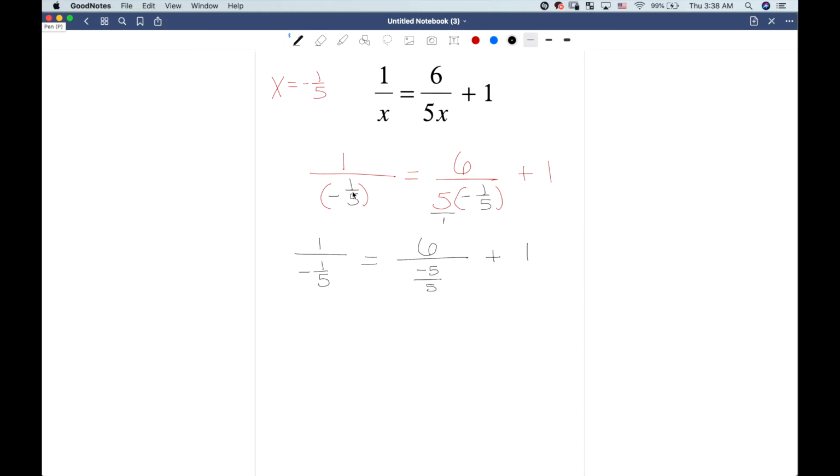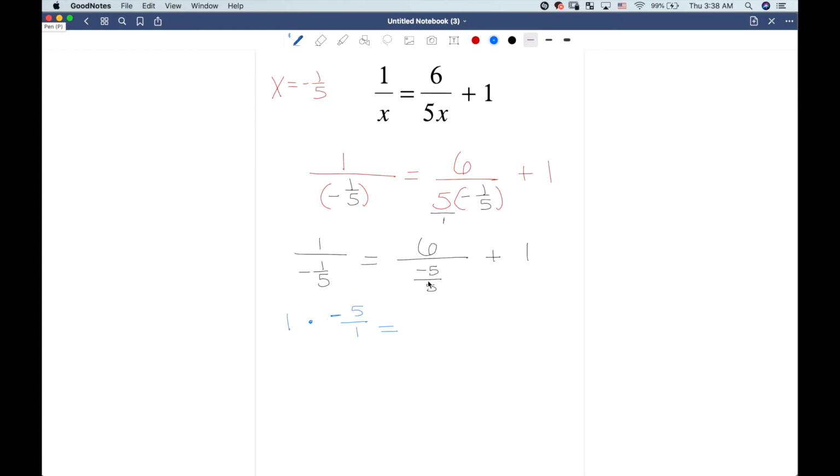Okay, let's see, what else can I simplify? Okay, next fraction row. When you divide by a fraction, that is equivalent to multiplying it by its reciprocal. Reciprocal is when you just flip the fraction over, do not touch the sign. 6 divided by, well, negative 5 over 5. Negative 5 divided by 5 is negative 1.